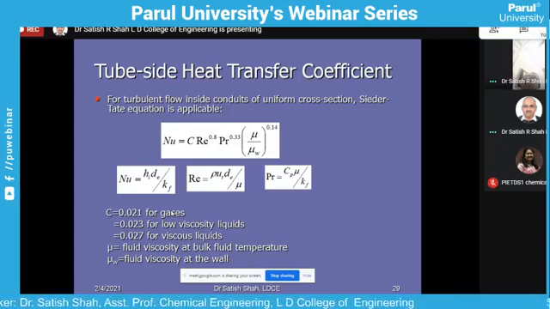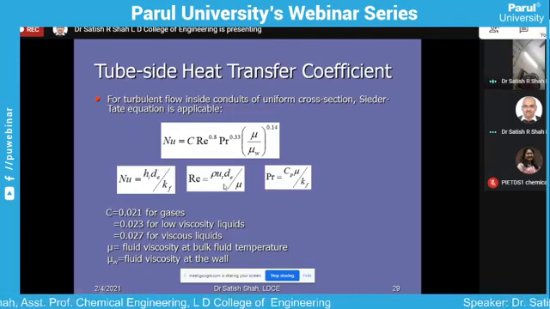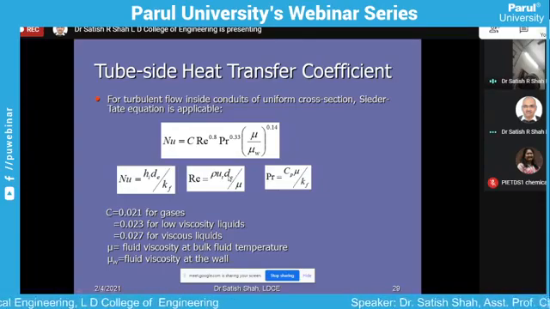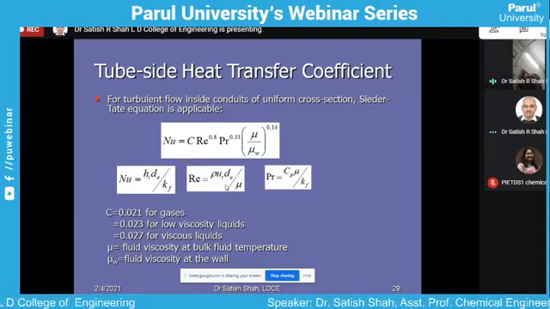So you can write down this formula. In this formula, the Reynolds number is D u rho by mu. Suppose it is a tube side fluid, you will take the tube ID. But if it is a shell side fluid, you have to take the equivalent diameter. Then u, that is velocity, rho, that is density, and mu, that is viscosity.